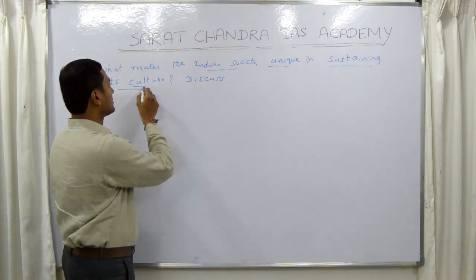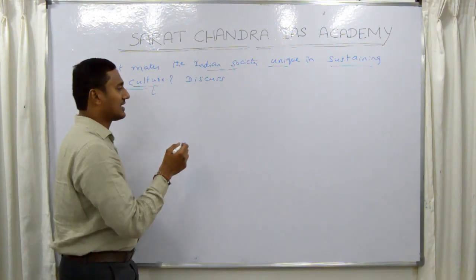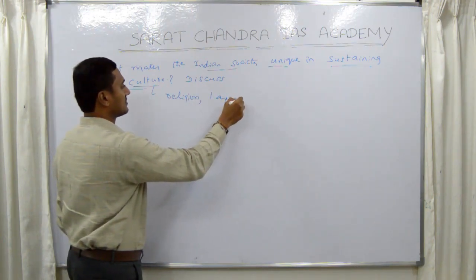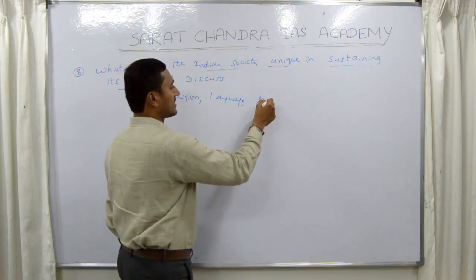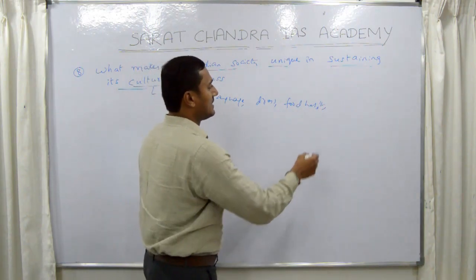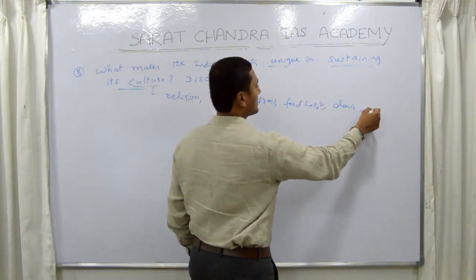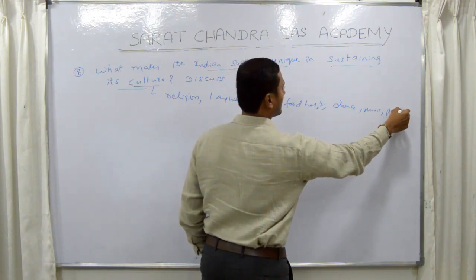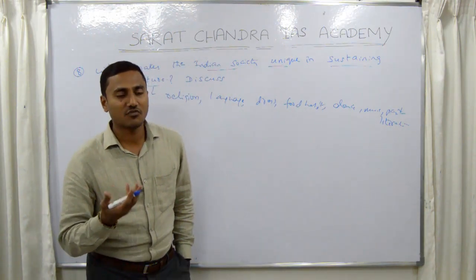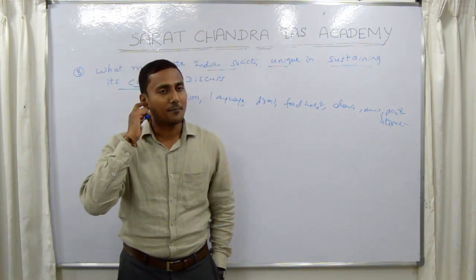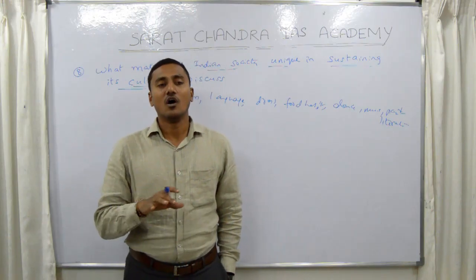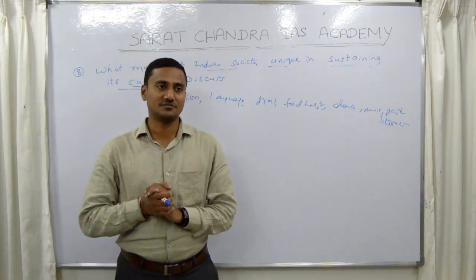See, culture essentially contains religion, language, dressing style, your food habits, dance, music, painting, literature, etc. The artistic forms like dance, literature, music, painting, the language you speak, the dress we wear, the type of food we eat, the religion we follow, all these things fall under culture.